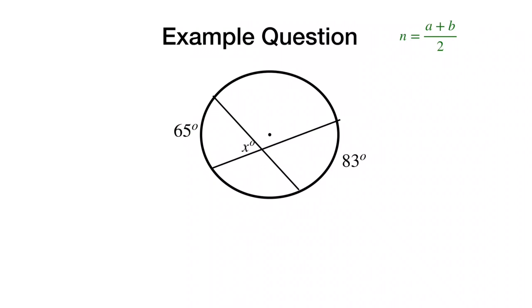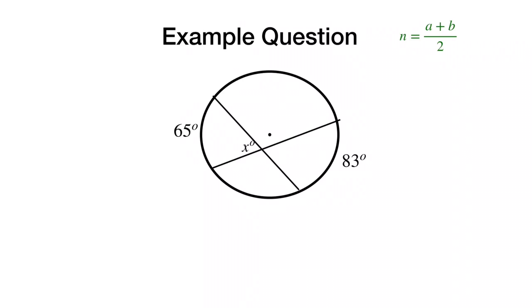This example is the case where we have two chords intersecting inside a circle. So we have two outer arcs. One measures 65 degrees, one measures 83 degrees, and we can find x, which remember that x is the same as this x because vertical angles are congruent.